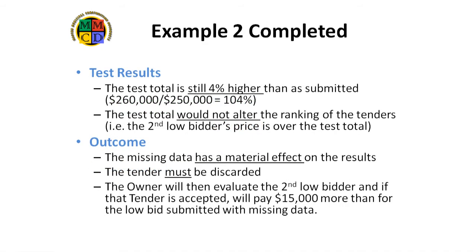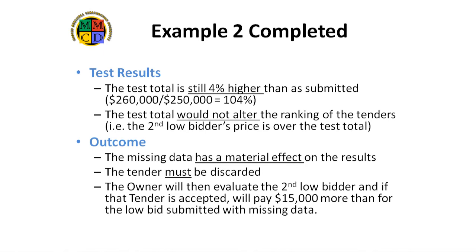What are the results? The test total is still 4% higher than as submitted, the same as in example 1. But now, the test total would not alter the ranking of the tenders because the second low bidder's price is over the test total. So what's the outcome in this example? The missing data still has a material effect on the results as it would have increased the bid by more than 1%.